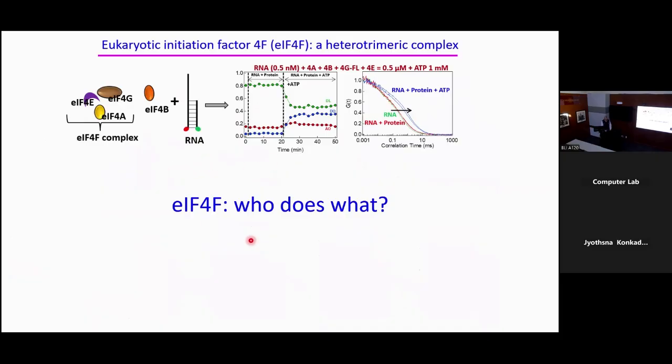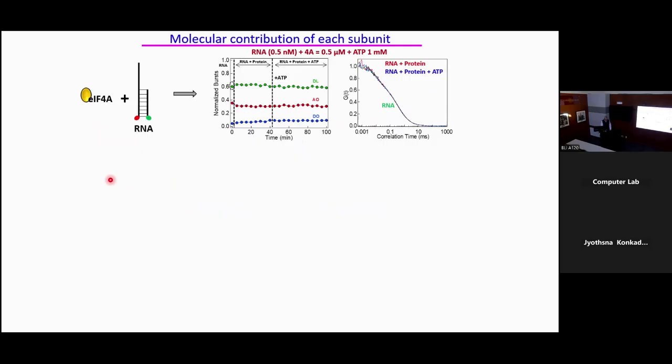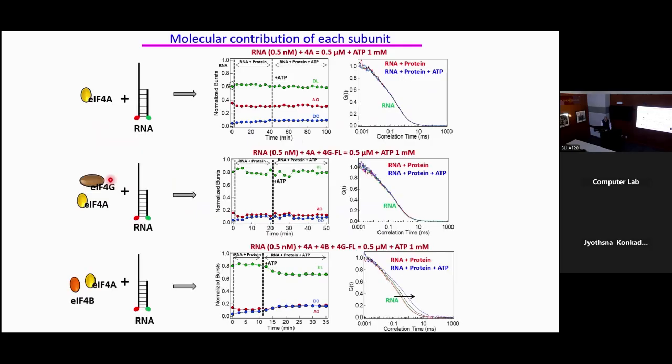And now she separated out each of the different functions of these by doing individual and then in various combinations. I don't want to take a lot of time over it, but what you can see is if you add G by itself to A and ATP, there's hardly any activity and no clusters. If you add B, that's the disordered one. There's a little bit of activity. This is the doubly labeled again, so the decrease of this is the separation of the 2 strands.